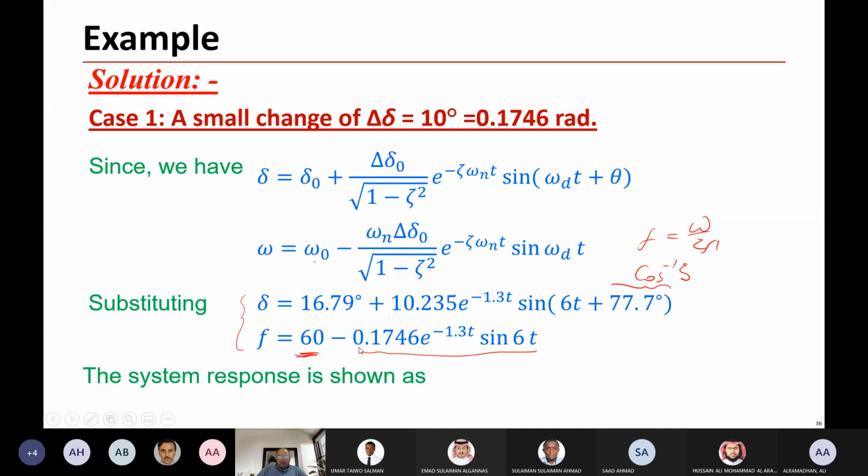Okay. So from here you can check whether the system is stable or not. Of course, zeta is positive. Also for this exponent, if this exponent is negative, that means it will die out with time. As t goes to infinity, this part becomes 0. So the system is stable.